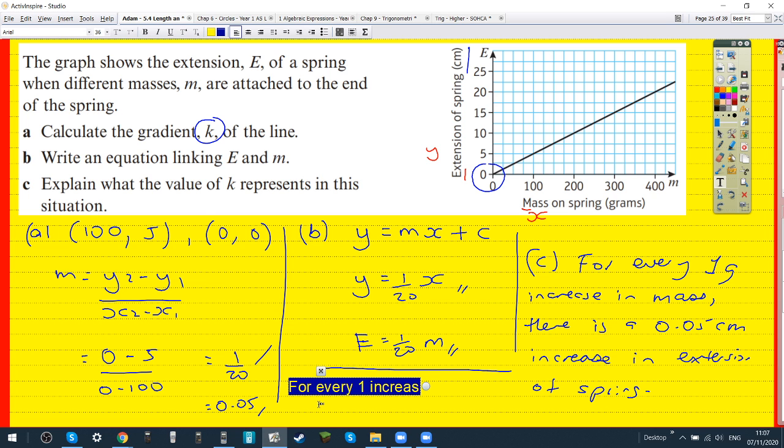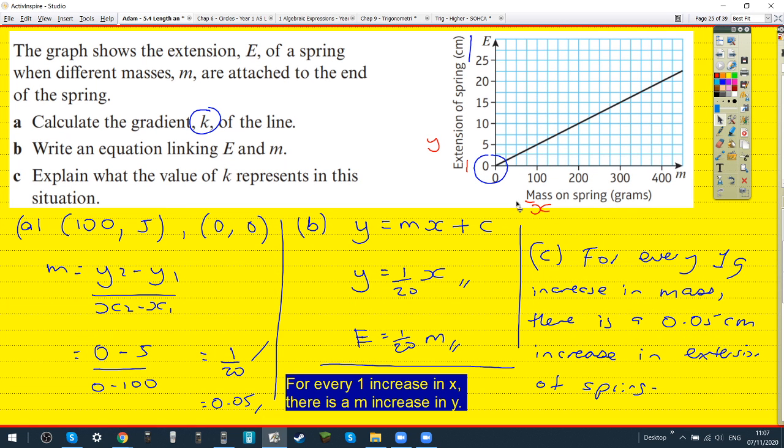And you just fill in whatever x, m, and y are in the particular thing. So pure maths, it's just gradient: one right, 0.05 up to get back on the line. In this case, applying it to the real world.